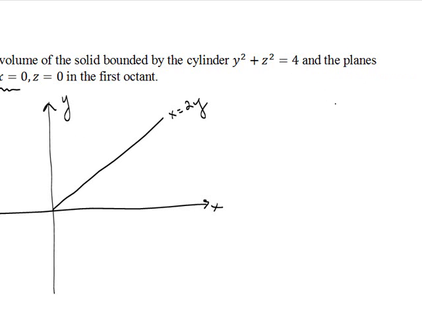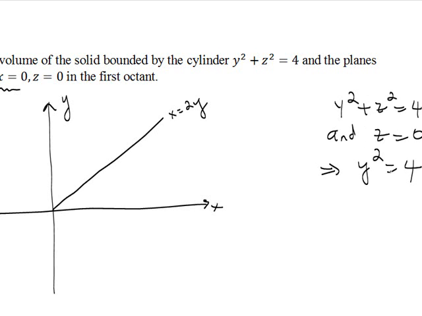We have y squared plus z squared equals 4, and z equals 0 implies that y squared equals 4, which means that y equals 2. We are in the first quadrant, so we do not need negative 2. Take y equals 2 and draw it. So this is your region R.